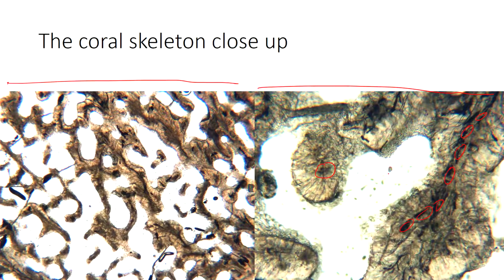These are organic-rich parts of the coral, and from these you can see needles radiating out, in this case of the mineral aragonite. Okay, and we'll have a closer look.